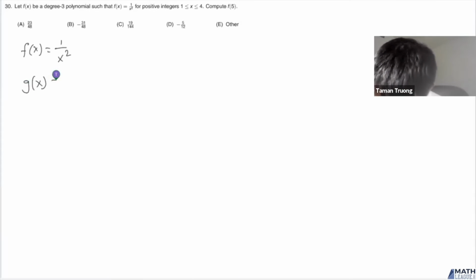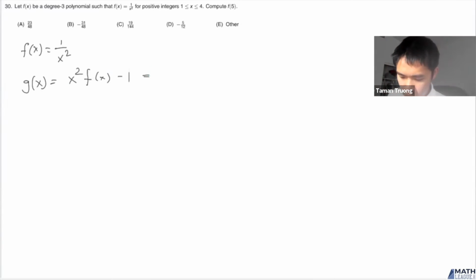But we're going to let g of x be as such: x squared times f of x minus 1. Note that the points now lying on the polynomial, we all set down to 0. And so those values of x are now the roots of the polynomial g of x.